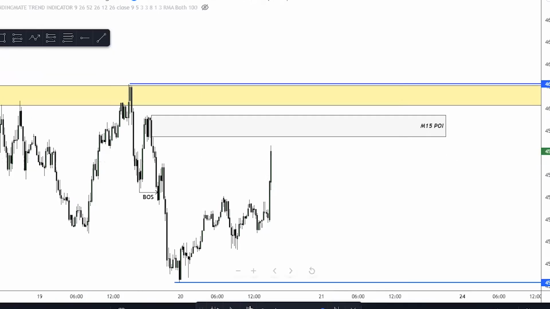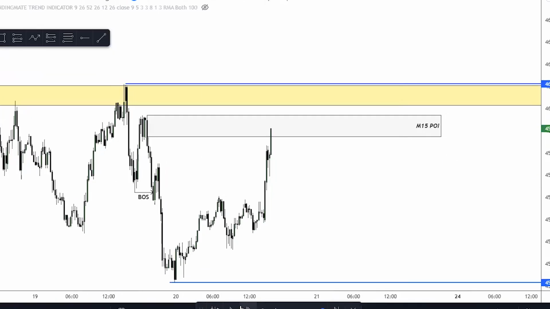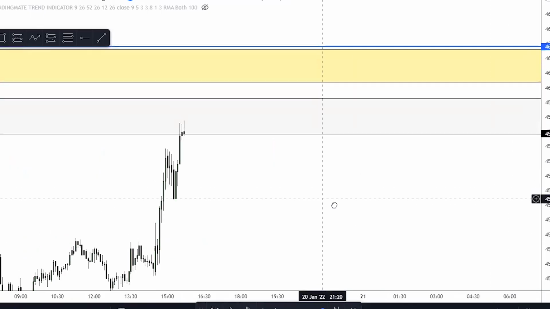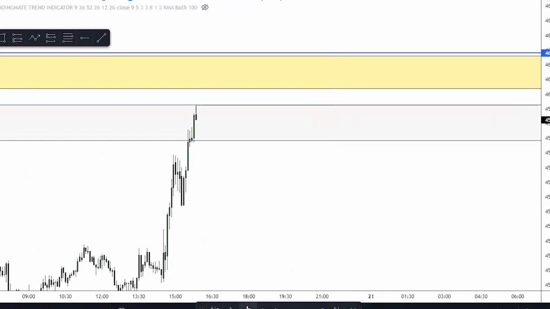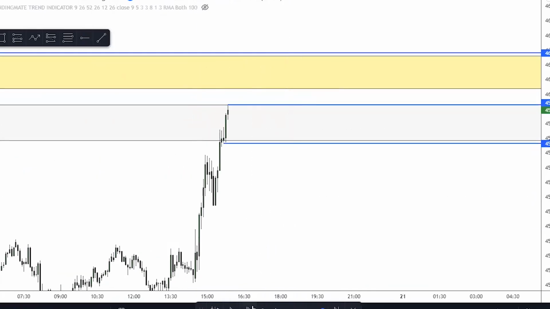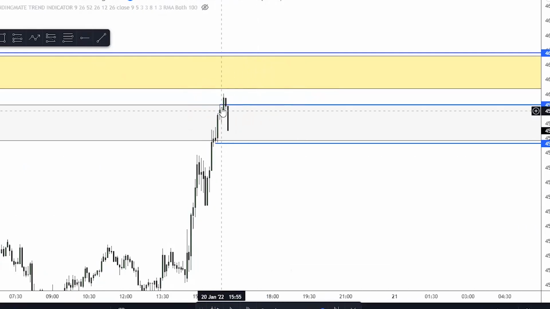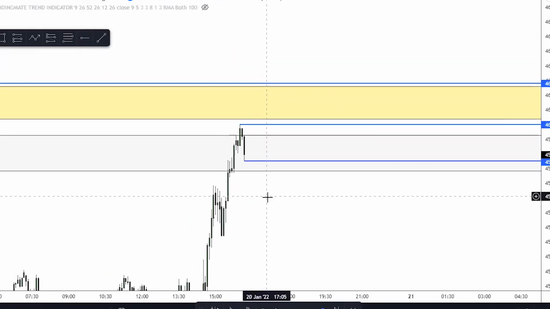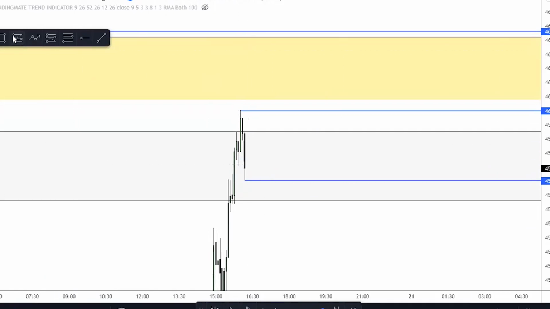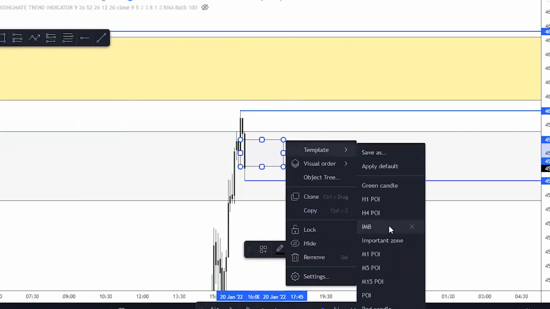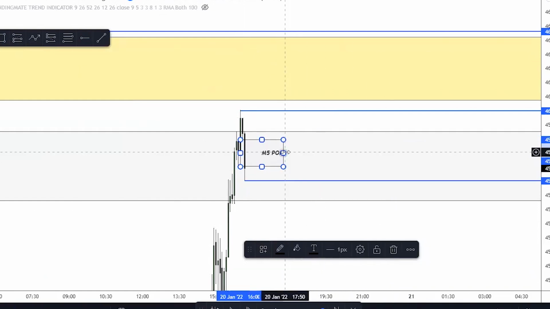So let's see if it retests. Okay, so it's retesting the key level now. So let's see how it reacts to this key level. Higher low here. Breakthrough. And got a small chop as well here with the 15 POI.